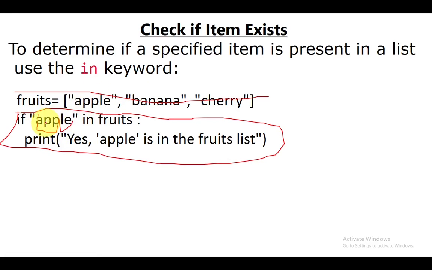So you have apple starting with a small letter in the list. If you are looking for the same apple in the list, it must start with a small letter. You can see it was a 100% match. Every single letter must be well spelled out.